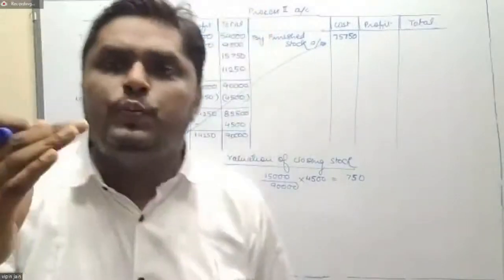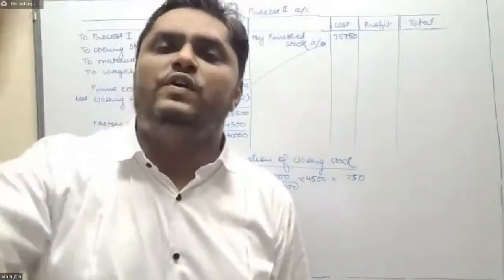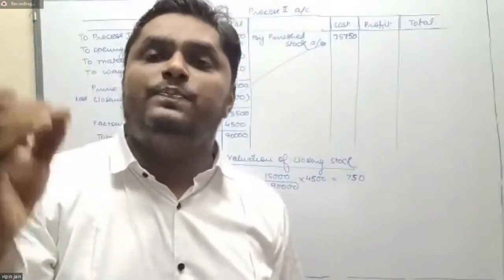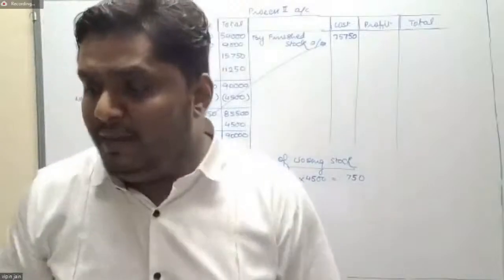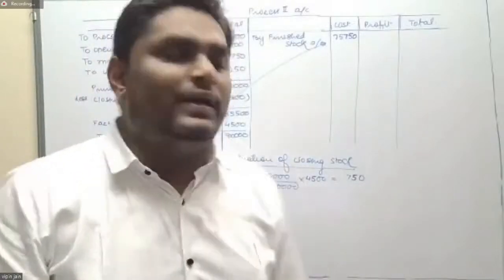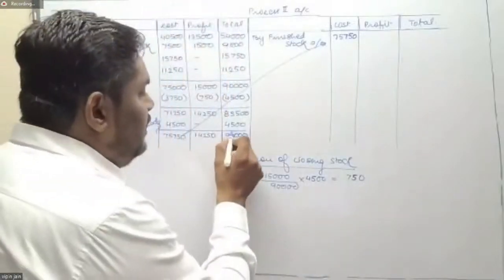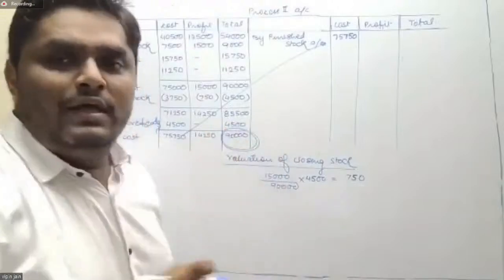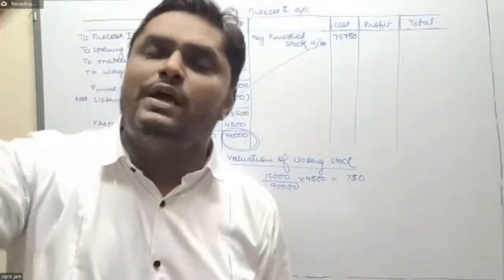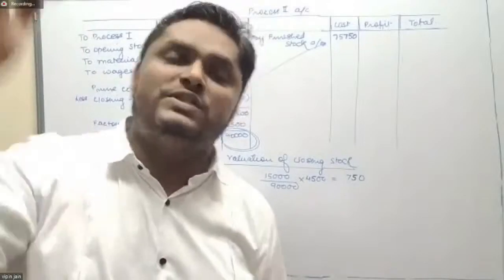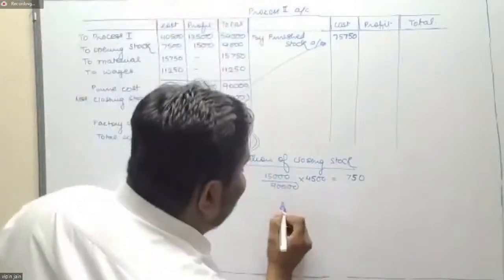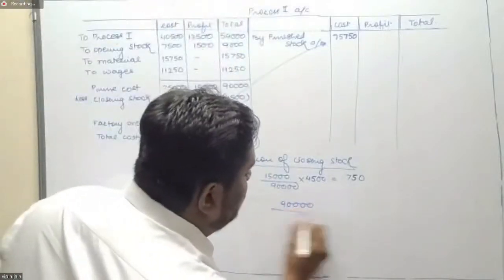But here the output of process second is transferred to finished stock at cost plus profit, and the profit element is 20% profit on transfer price. So this 90,000 includes the profit that is added from process first. So we'll consider 90,000 to calculate the total value.